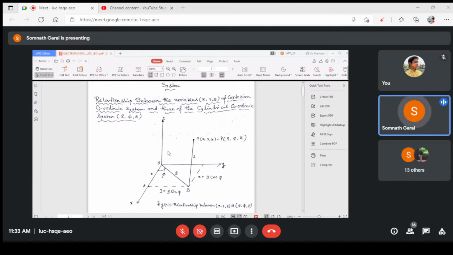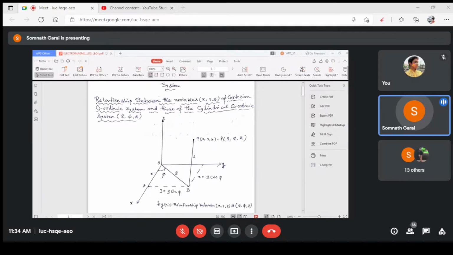Now if we draw the axes of the cylindrical coordinate system in this figure, the first coordinate of the cylindrical coordinate system is rho, this is the second coordinate phi, and this is the third coordinate z.